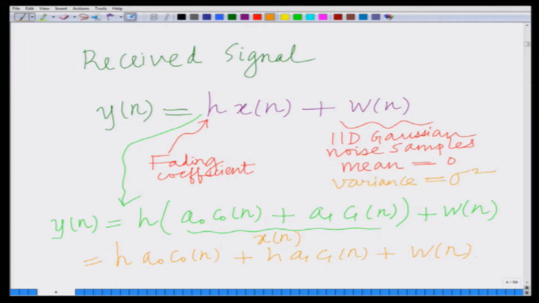So, the received symbol y of n is given as h A0 C0 n plus h A1 C1 n plus w of n.